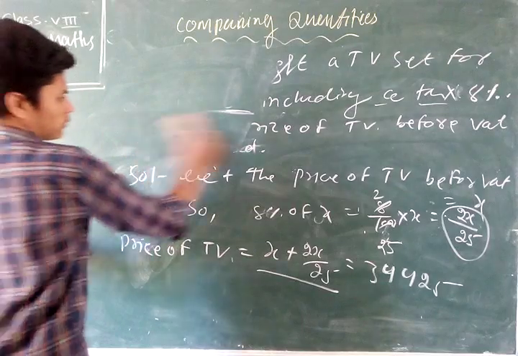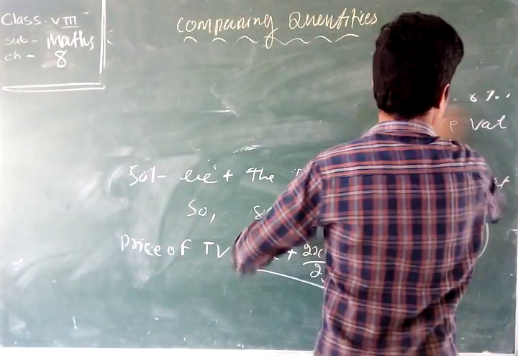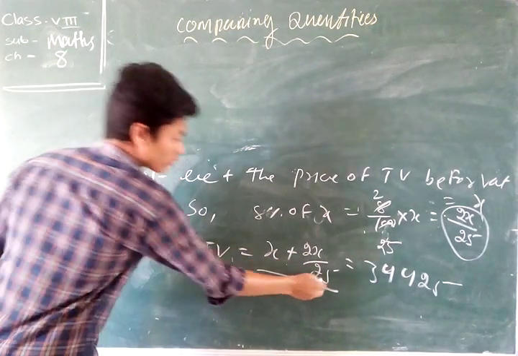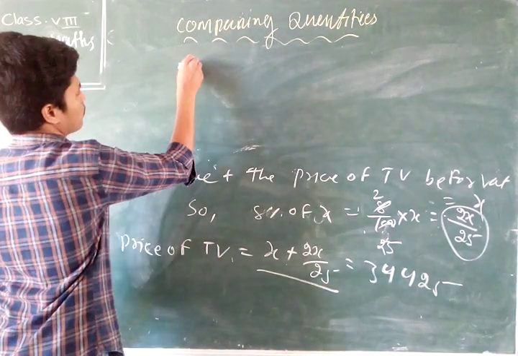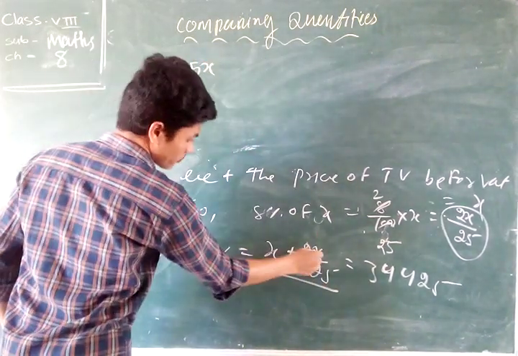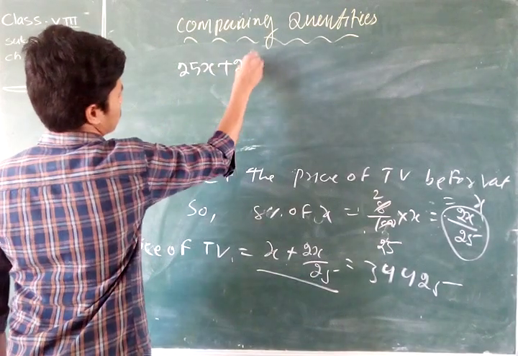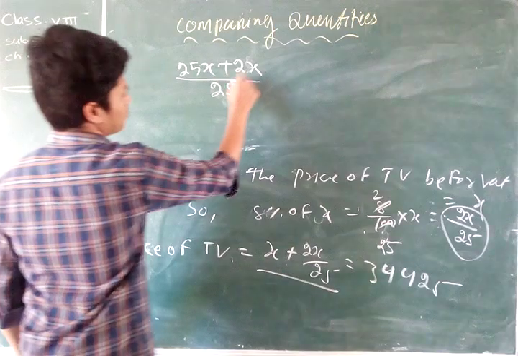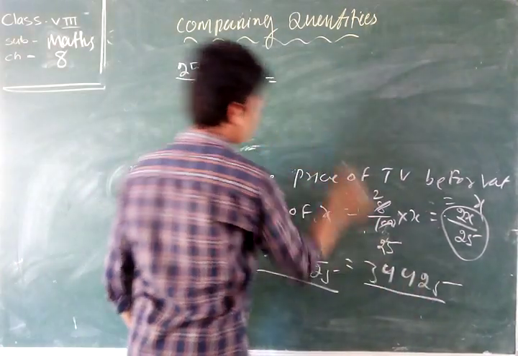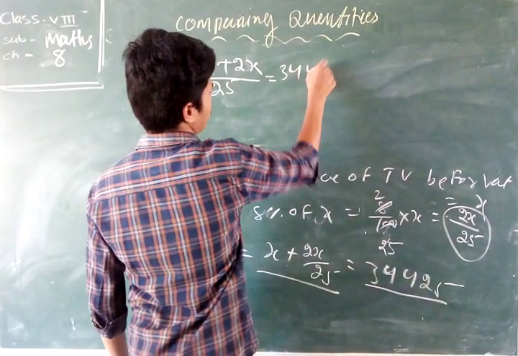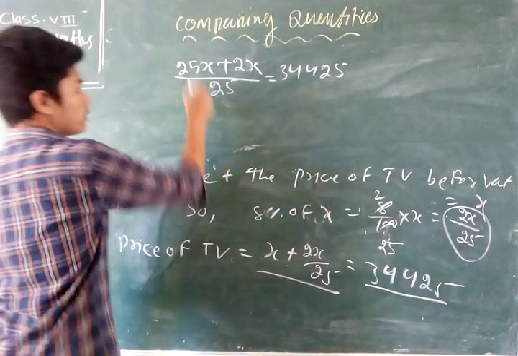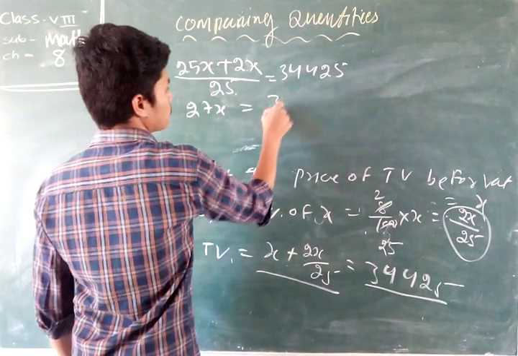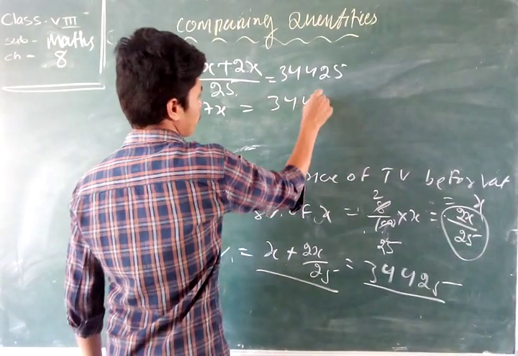Here 25x plus 2x by 25 equal to 34,425. Here 27x by 25 equal to 34,425.